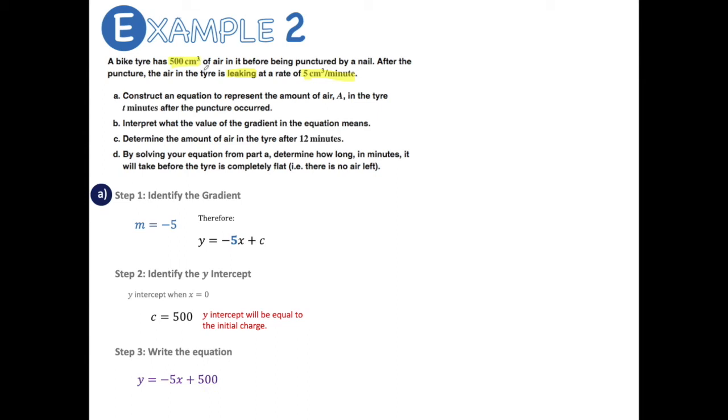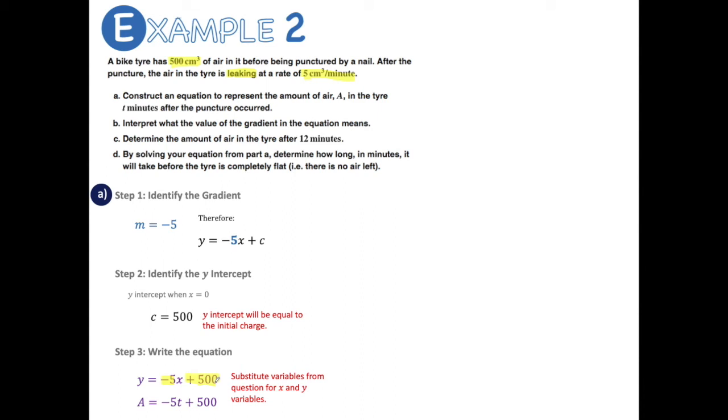It's going to be y equals -5x plus 500, where I've substituted in -5 for my gradient and 500 for my y-intercept. Now because they have given us variables to use in the question, I'm going to rewrite my final equation using A and T. So A, the amount of air in the tire, is going to equal -5 times the number of minutes, so A equals -5t plus 500.